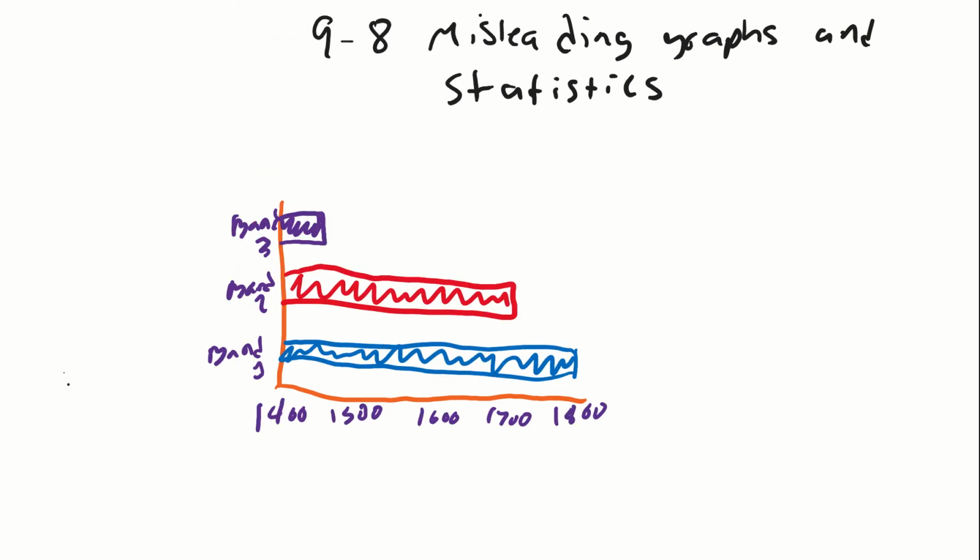So if we look at this table or this graph here, we can see that we have our labels, and we have our three different categories. But if we look at our starting value here, we start at 1,400.